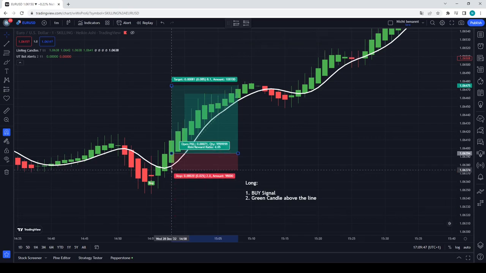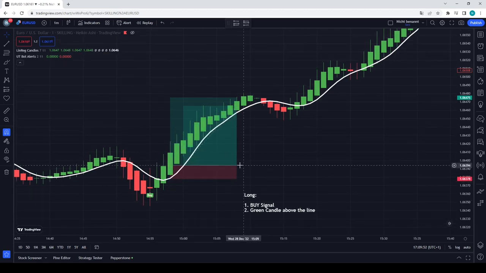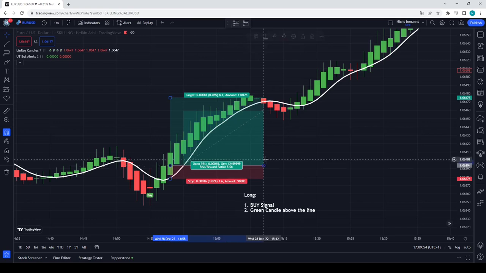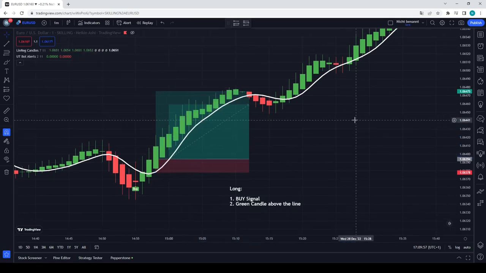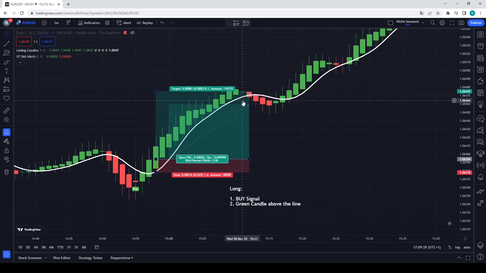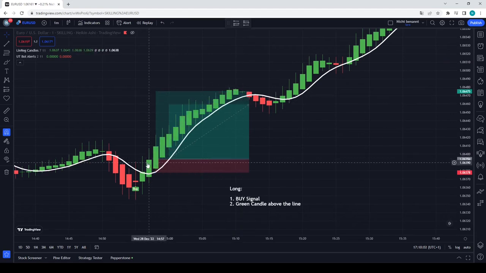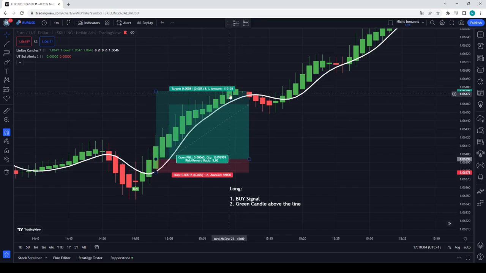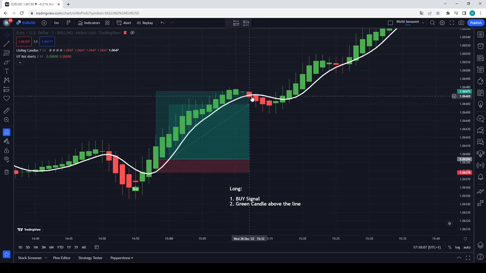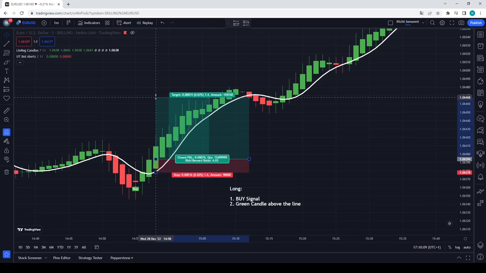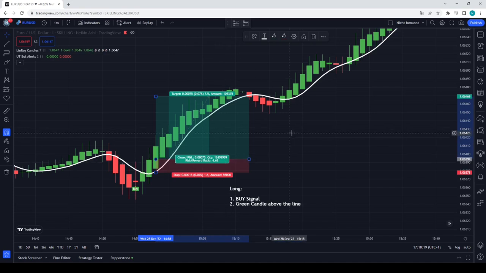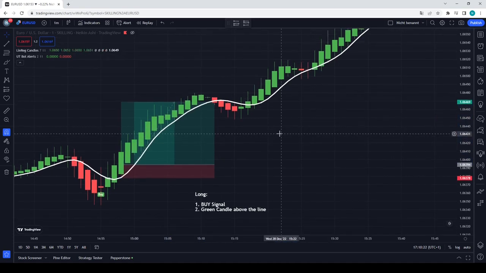The stop loss will be at the line, and we don't have a fixed take profit, but we will leave the trade when we get the first red candle. You can see here all candles are closing green, green, green, green, green, and here we have the first candle that is closing red. So here we leave our trade, and as you can see we get a risk reward ratio of 4.69. This is our long trade.